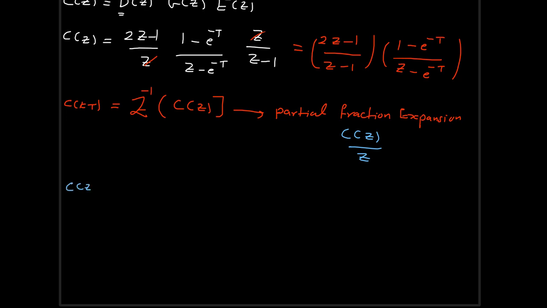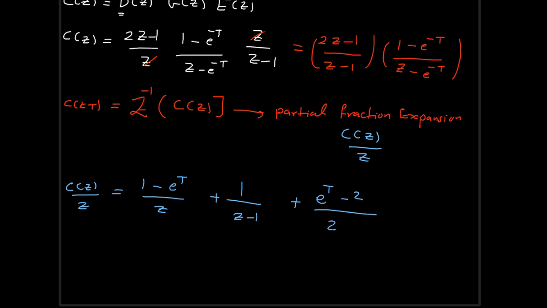C of Z over Z by using the partial fraction expansion will equal (1 minus e^-T) over Z plus 1 over (Z minus 1) plus (e^-T minus 2) over (Z minus e^-T).